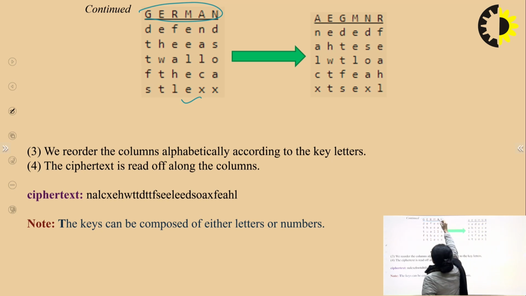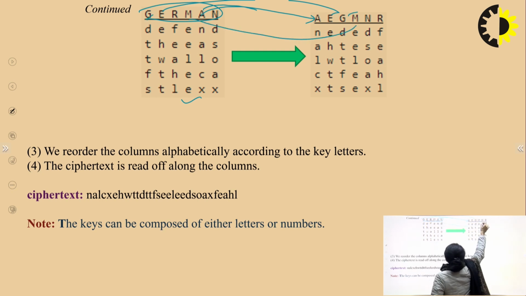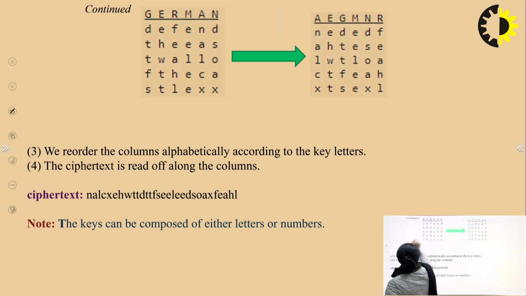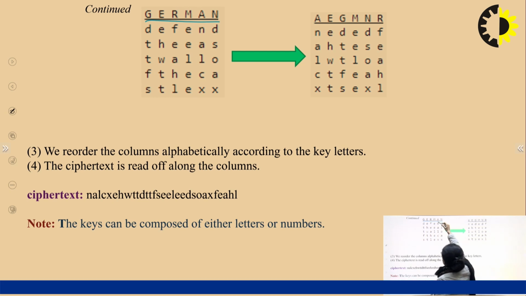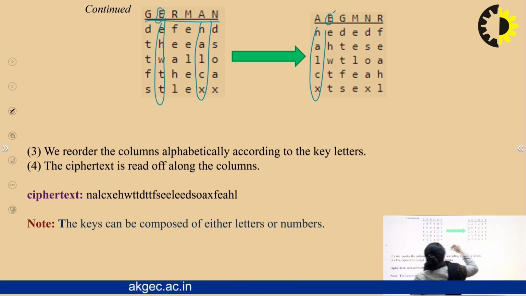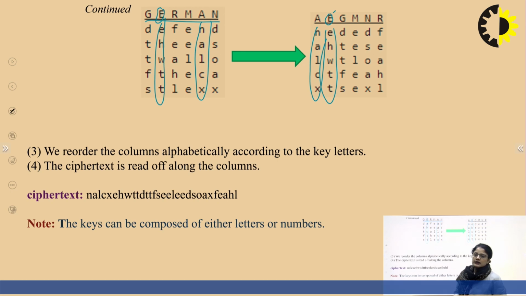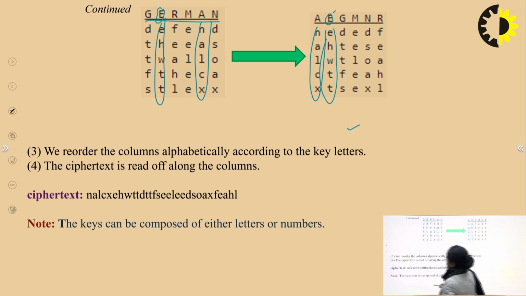That means, if you look at it, the first letter alphabetically is A, then E, then G, then M, then N, and then R. Once the columns are sorted on the basis of the key, the letters corresponding to the key letter A are placed in the first column, then the column with key E, with its corresponding letters placed in the subsequent position, and subsequently that applies for all other letters in the key, and then we get a new matrix.